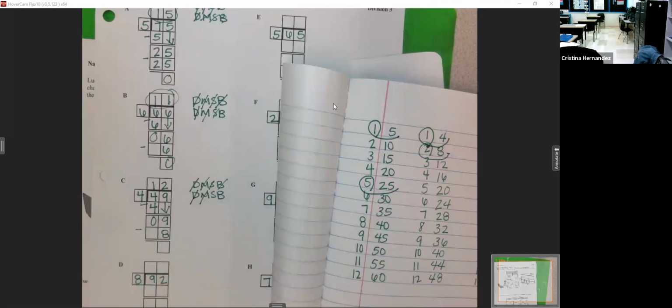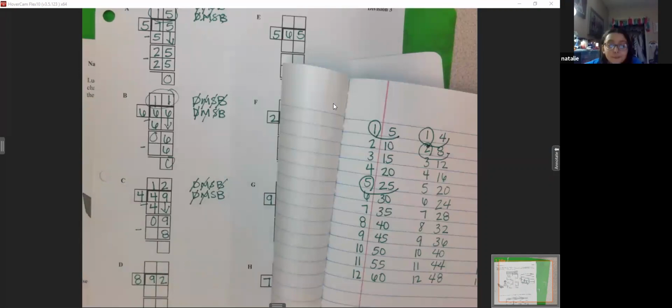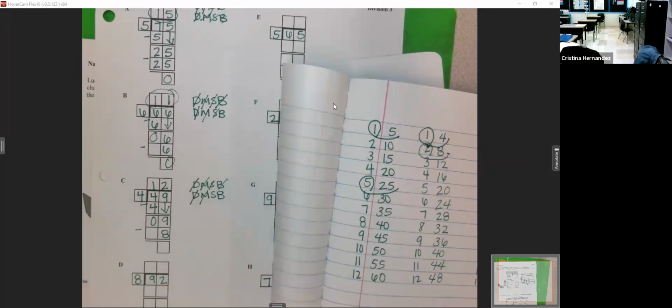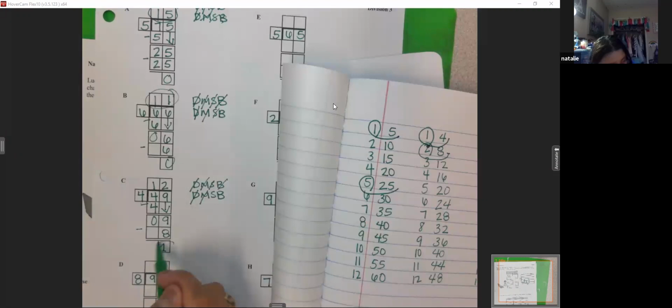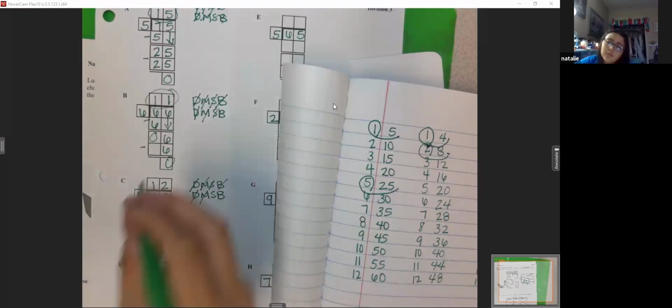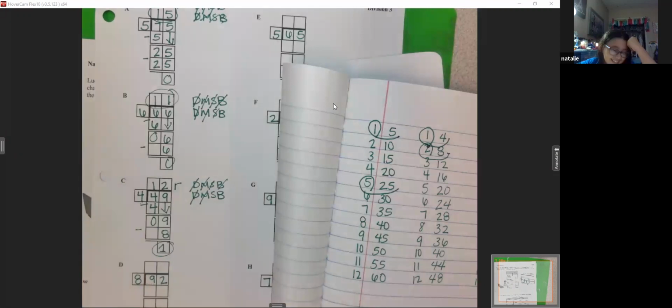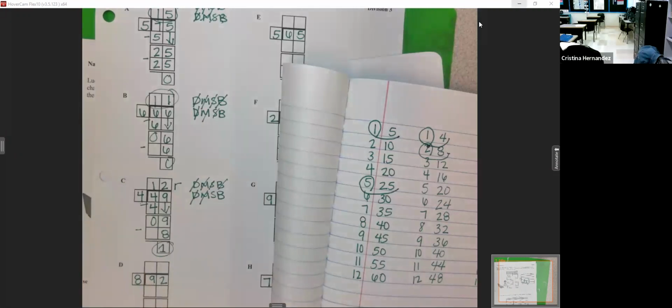What's 9 minus 8? 1. We have a leftover. That's called, it starts with an R. It's going to be the key to the break.